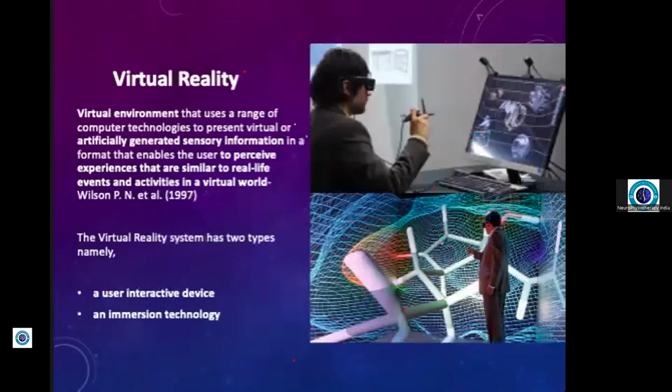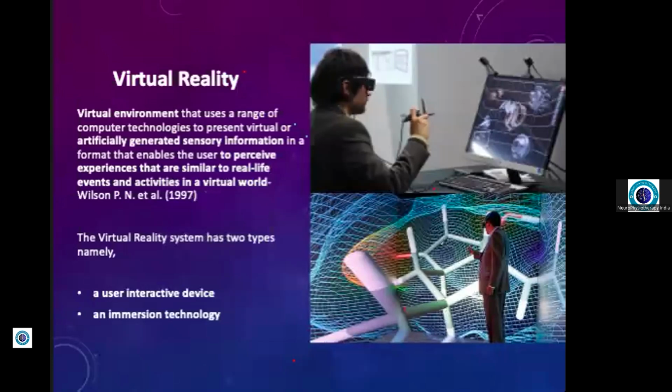So what is virtual reality? In definition, it is the digital simulation of the real world content. Virtual environment is an environment that uses a range of computer technologies to present virtual and artificially generated or augmented sensory information in a format that allows the user to perceive experiences, or to experience real life events as close as possible in an augmented world, in a virtual world.